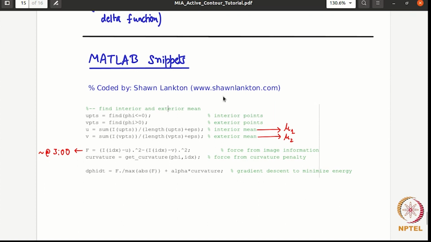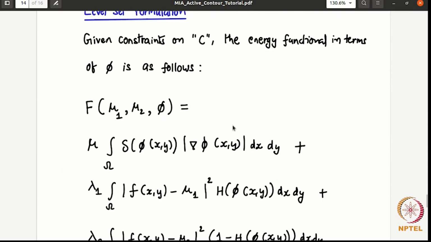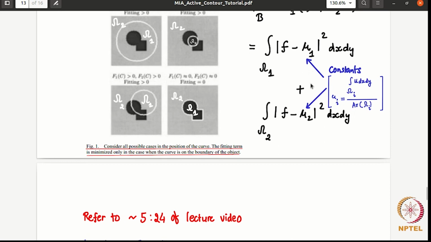In this snippet, you can see, with the help of level set, we first find the interior points, then exterior points, and then we calculate the mean of these points, U and V. This is basically mu1 and mu2 in our expression here.